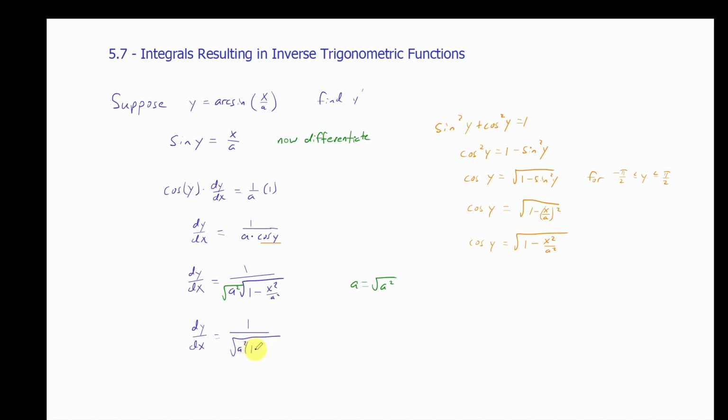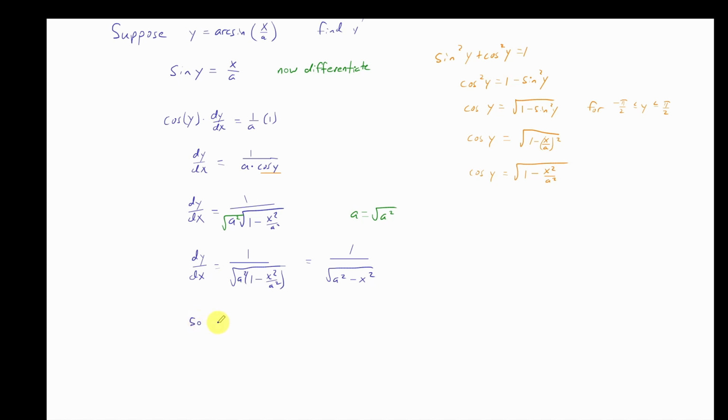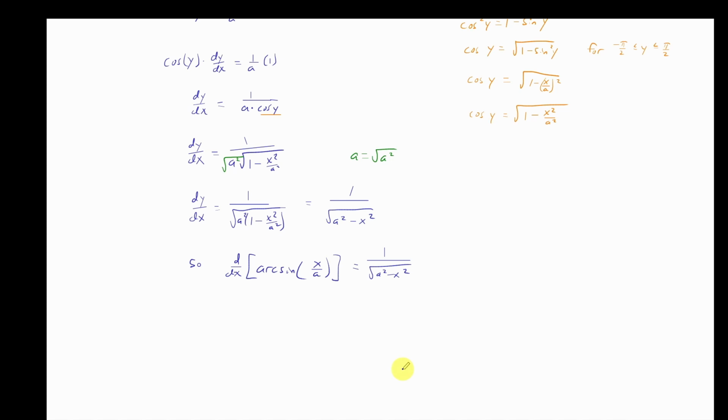So I have a squared times 1 minus x squared over a squared inside the square root. And now when I distribute that a squared inside the square root, I'm going to have a squared minus x squared. So the derivative of arcsine of x over a is 1 over the square root of a squared minus x squared.